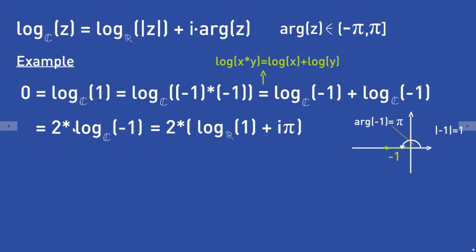So this is 2 times the real logarithm of 1 plus I times the argument of minus 1, which is pi.